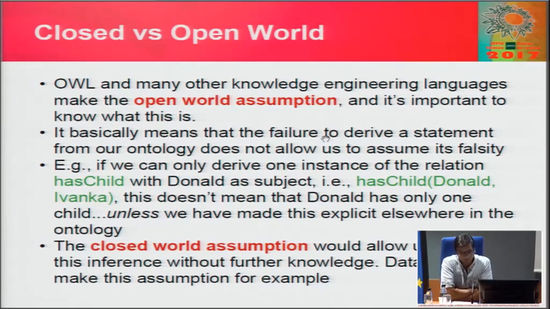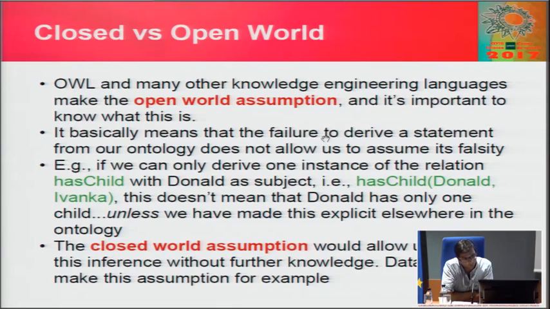And so the first thing I want to mention is the distinction between the open and closed world assumptions. OWL and many other knowledge engineering languages make the open world assumption, and if you're working with ontologies in any capacity, it's important to know what it is. It basically means that the failure to derive a statement from your ontology, or in general from your knowledge base, does not mean that you can assume it's false.